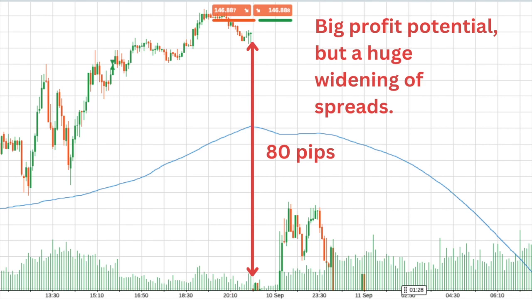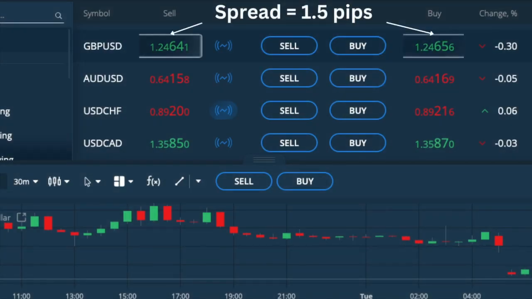So just to go into a bit more detail and give you more insight into why it is beneficial to trade with a low spread broker, I'm going to give you another example. Let's say you wish to trade the GBP USD and your broker is offering a bid price of 1.24641, as you can see here, and an ask price of 1.24656.